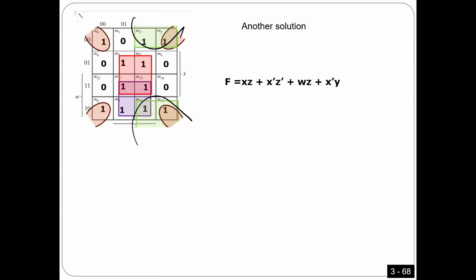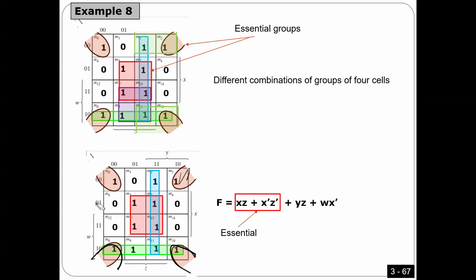Your focus has to be, number one, you need to cover all ones. Number two, you need to minimize the number of groups. Number three, you need to maximize the size of groups. Okay? But I'm just explaining to you why it happens that we have different solutions. Okay. Also, what happened here when the last one here I tried to cover this one here, I had one option group of 4 this way.